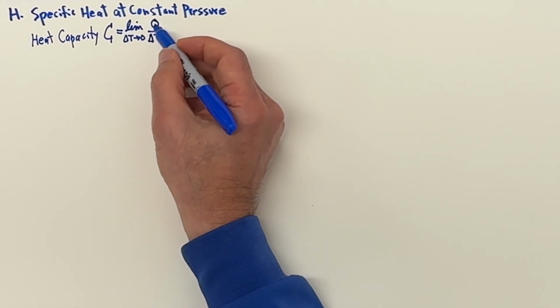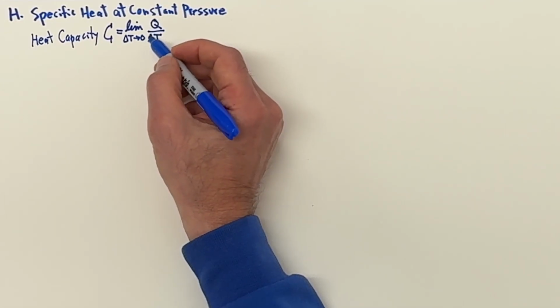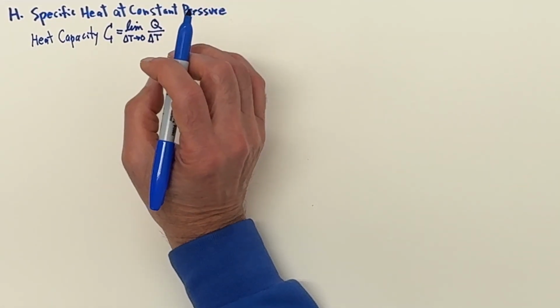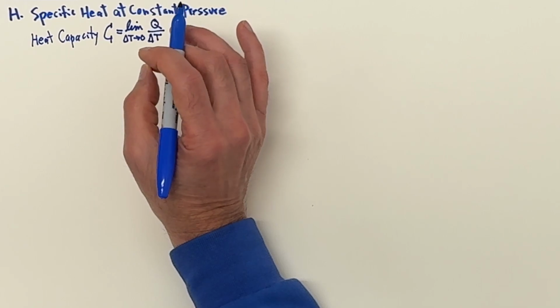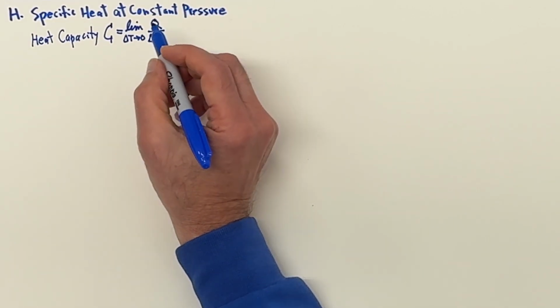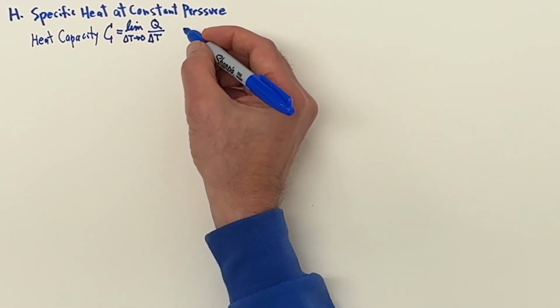And this Q, it would be nice if we could have a delta there so we could get a real derivative. So what I'm going to do is a quick review of what we did the last class.